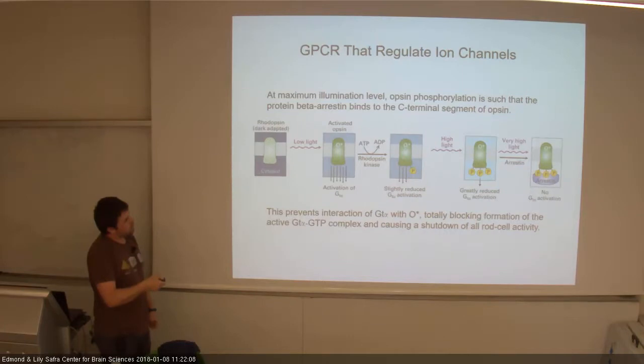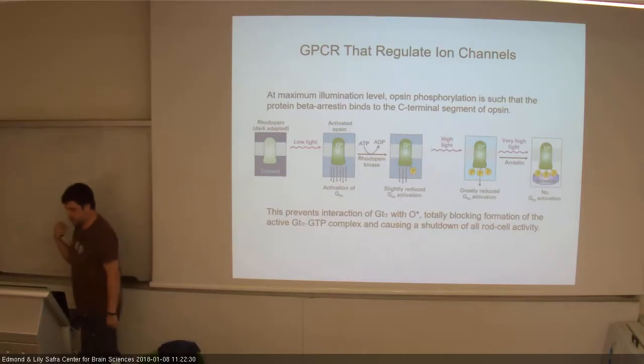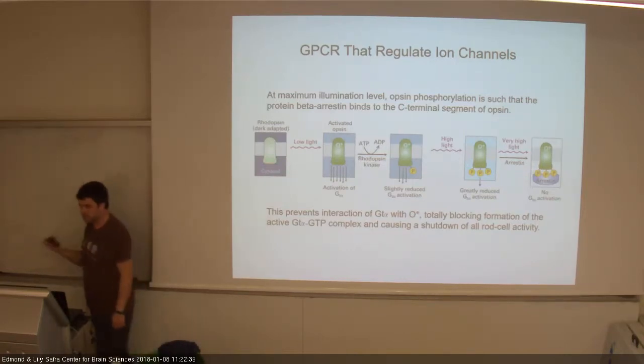Then, when lighting conditions become higher, the receptor starts being phosphorylated, and its ability to activate the G-alpha is diminished, until in the last phase, if the entire receptor is phosphorylated, similar to the example we saw of the epinephrine, an arrestin molecule can bind to this phosphorylation site and completely block the activation of G-alpha.